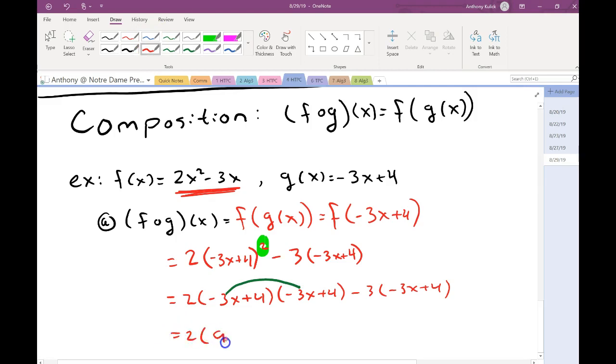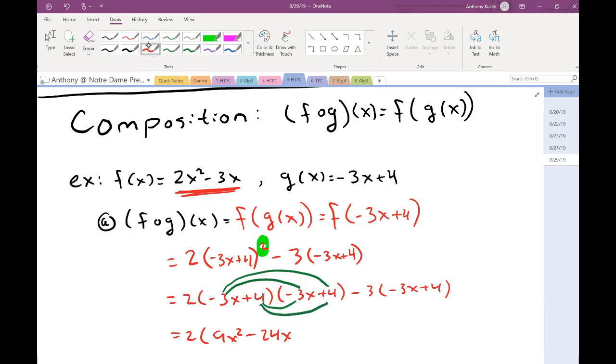So I have negative 3x times negative 3x is 9x squared. 4 times negative 3x is negative 12x. And negative 3x times 4 is also negative 12x. I put them together, I have negative 24x.